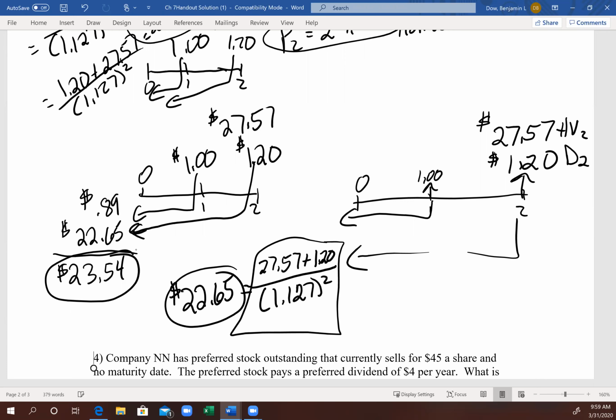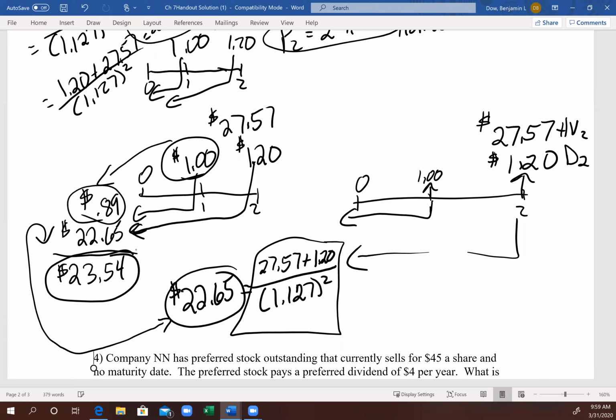Okay. The 89 cents was found by taking the present value of $1. Then I added those two things together. Does that make sense? Okay. Why is there no horizon value for year 1?